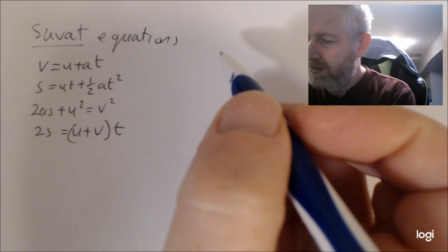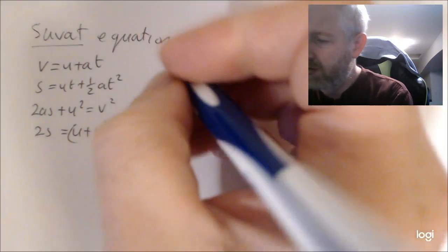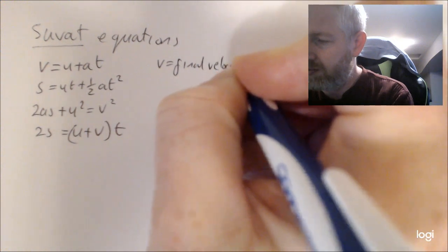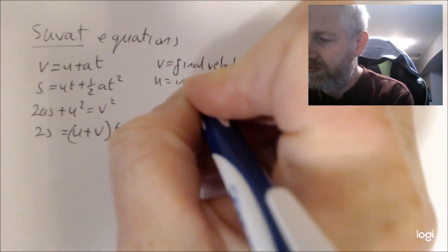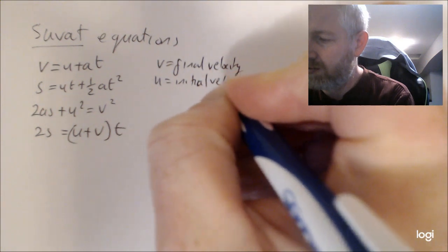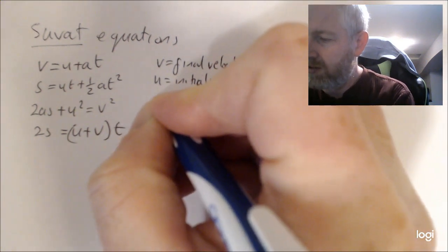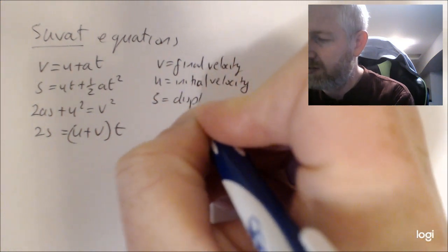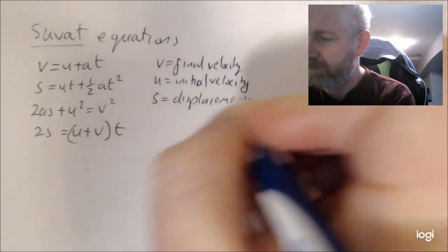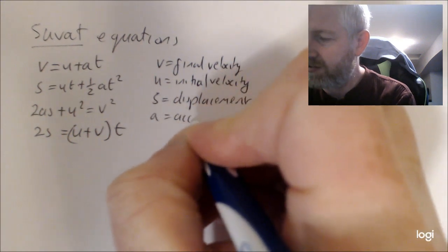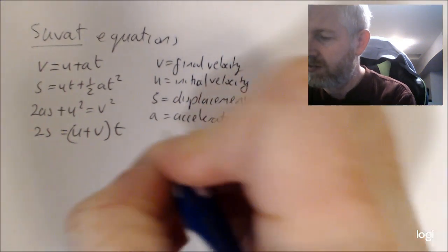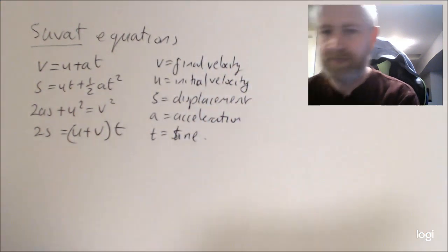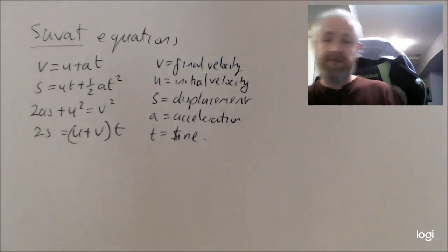Now, v is final velocity, u is initial velocity, s is displacement, a is acceleration, and t is time. There we are. So that represents a Suvat equation.